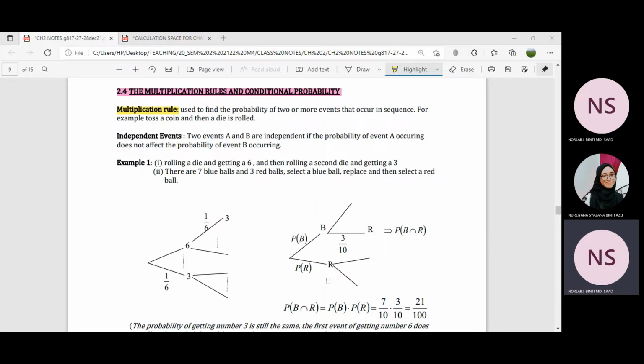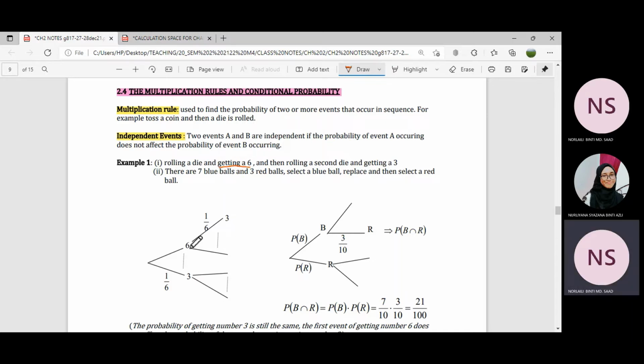Example one. You roll a die, getting a number 6, then roll a second die, getting a number 3. This is a simple example of independent events. When you roll a die, you will have either number 1 up to number 6.